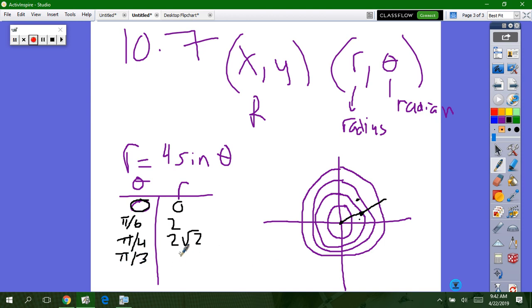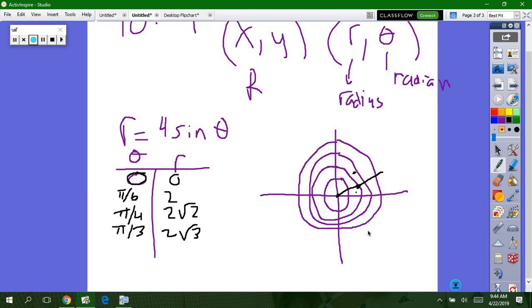Okay, now we're going to do pi thirds. What's the sine of pi thirds? Root 3 over 2. 4 times root 3 over 2 is 2 root 3. Can somebody do 2 root 3 for me? I believe it's around 3.5, but I'm not sure. Okay, so 3.46. So here's pi thirds, 3.46, somewhere right there.